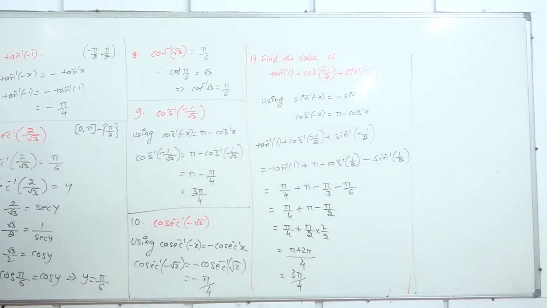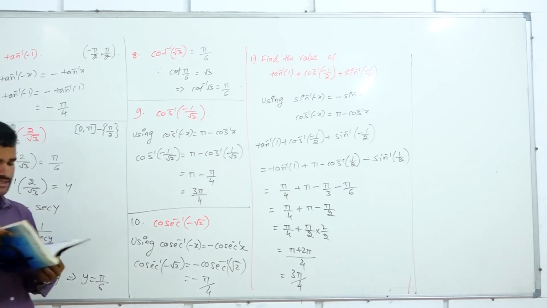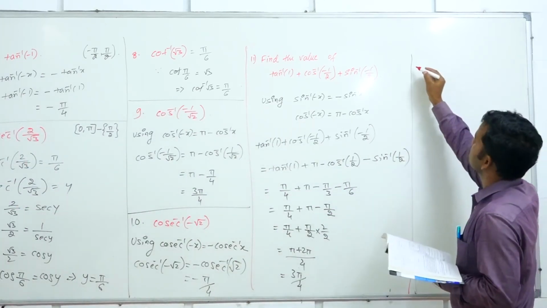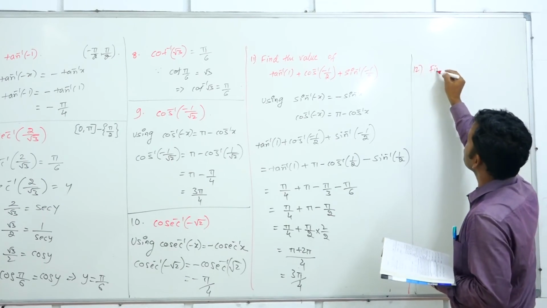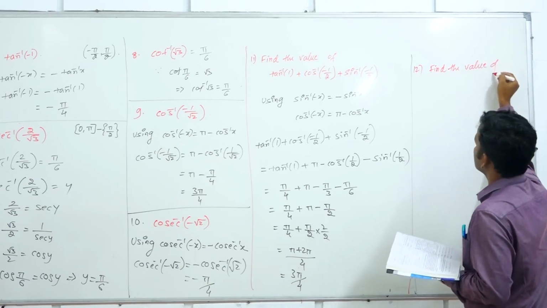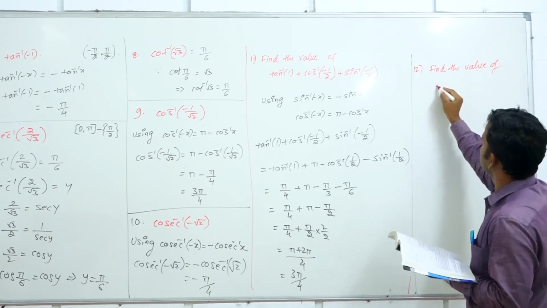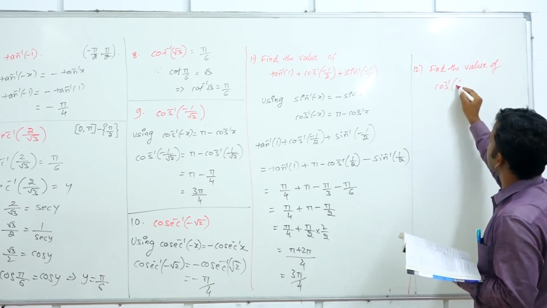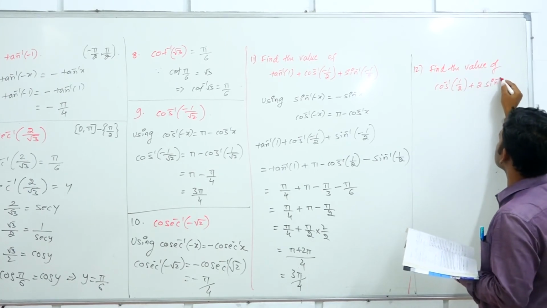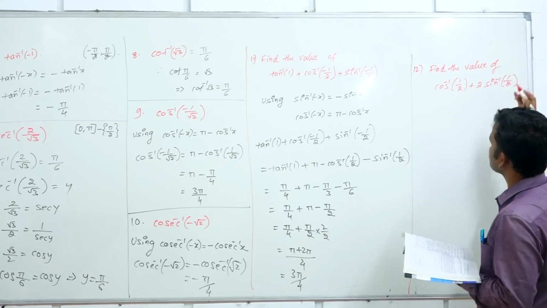Coming to problem number 12. What is problem number 12? Problem number 12 is find the value of cos inverse of 1 by 2 plus 2 times sin inverse of 1 by 2.